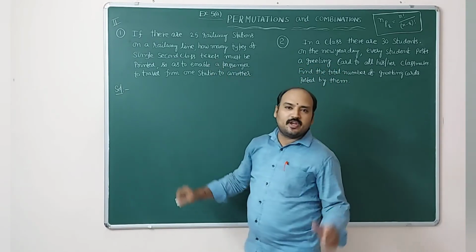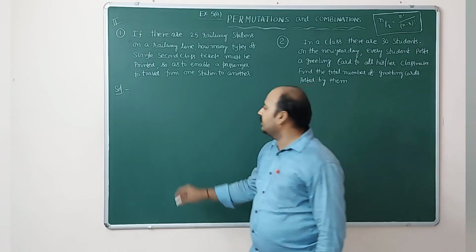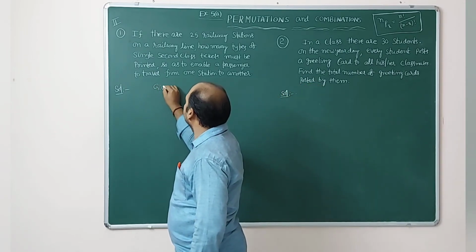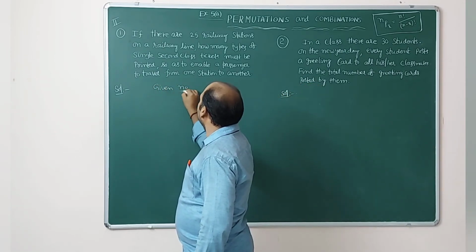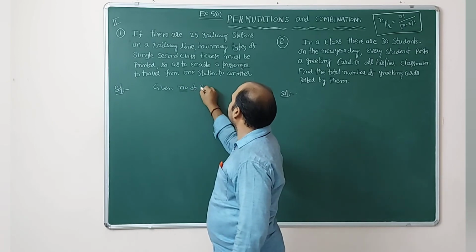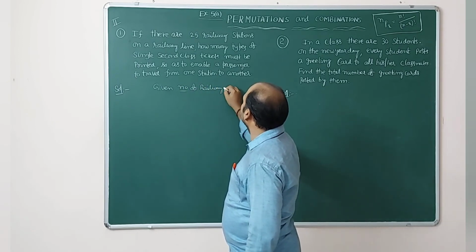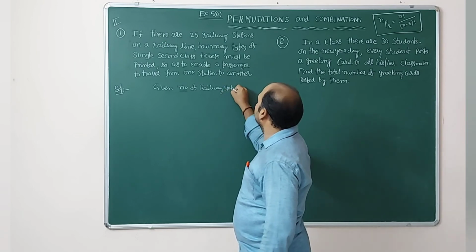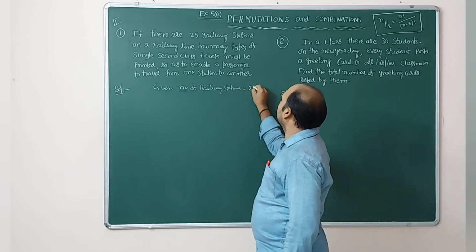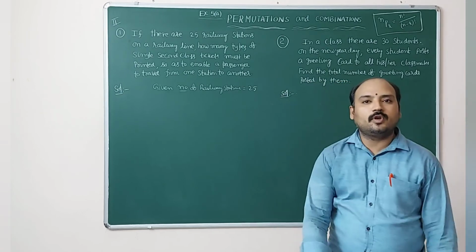So how many number of stations are there given? Number of railway stations, 25. Okay.